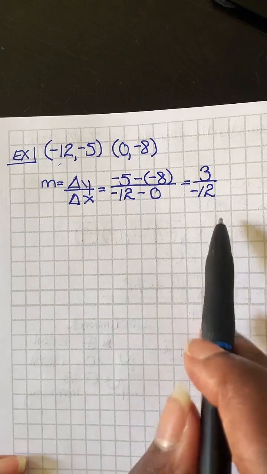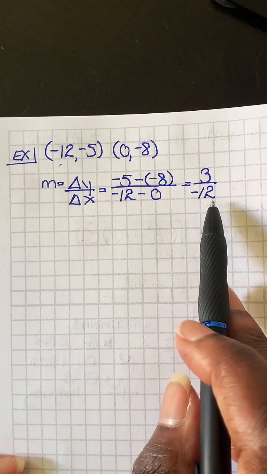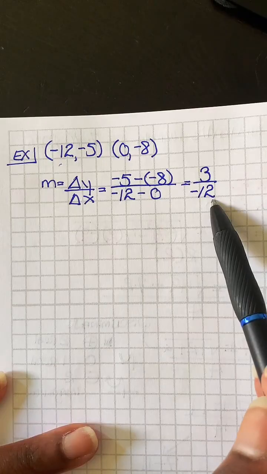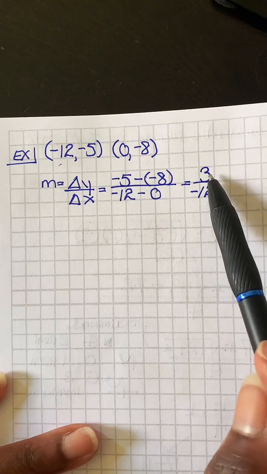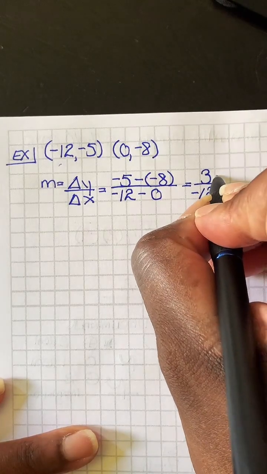All right. So you can divide, but really you can simplify. If you simplify it, you have 3 and you have -12. 3 and 12 both have 3's in common.